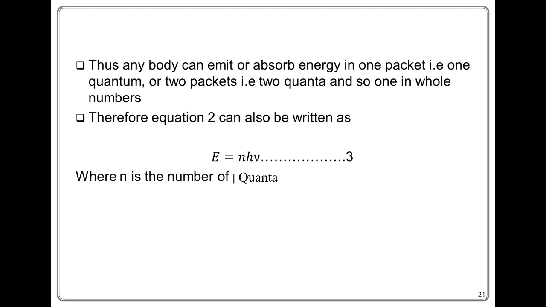Thus any body emits or absorbs radiation in one part, called a quantum. Then two packets are called two quanta, and the list goes on. So to the previous equation, you can introduce a parameter n to quantify how many quanta there are.